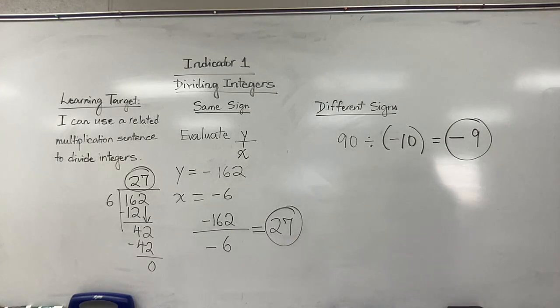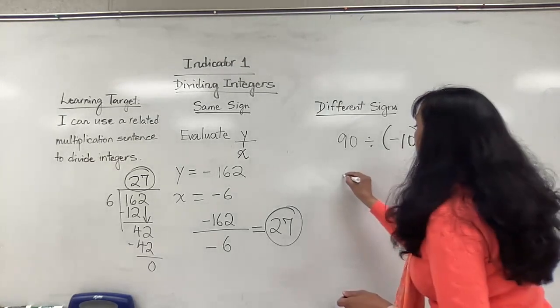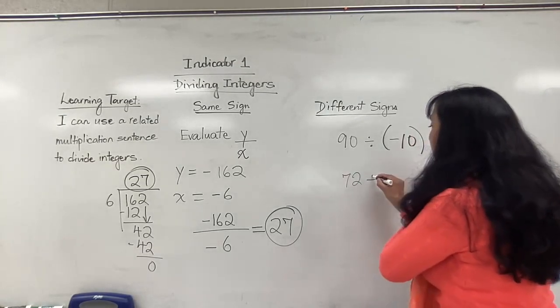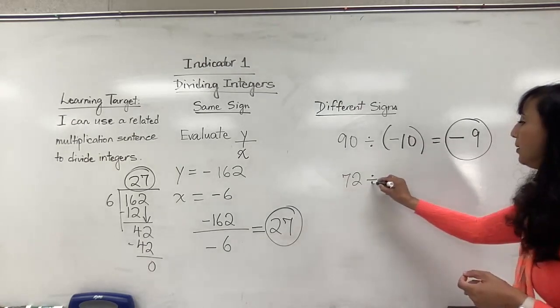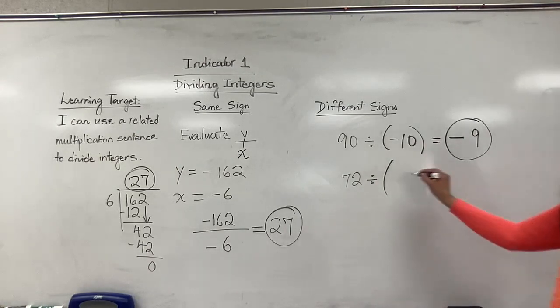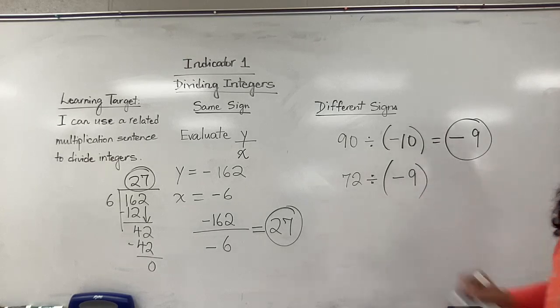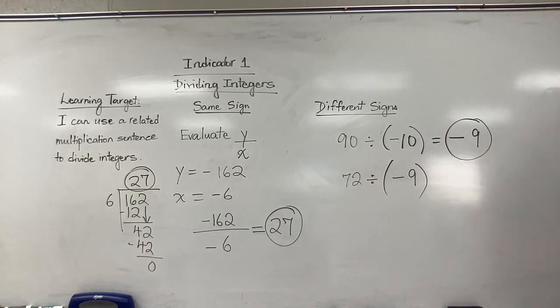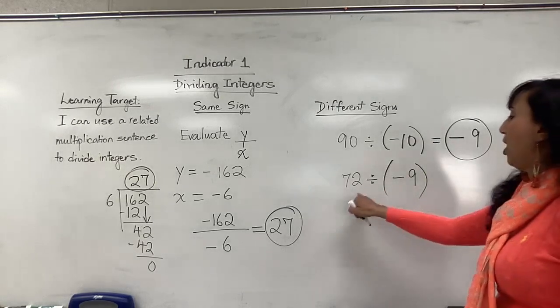Let's do another one with different signs. If I do 72 divided by negative 9. Once again, as you can see, the signs are opposite.